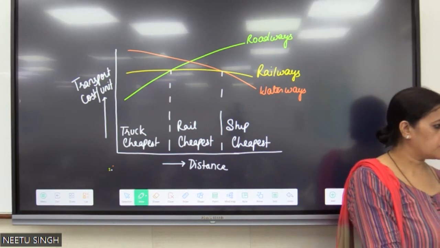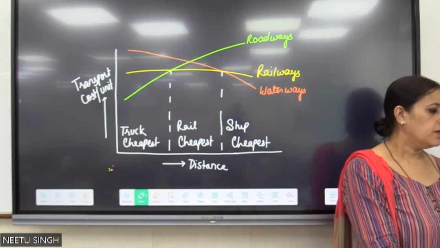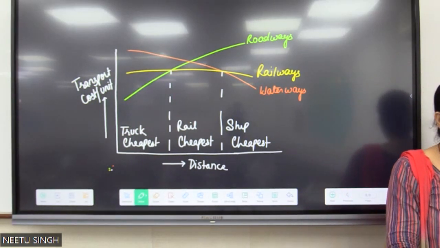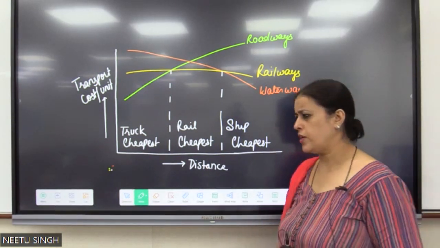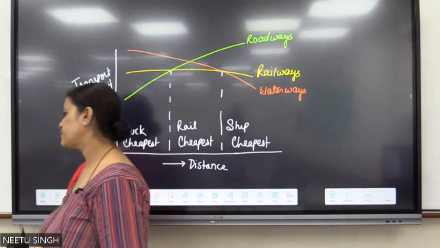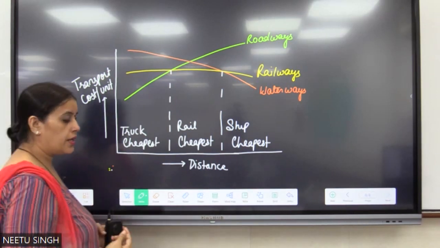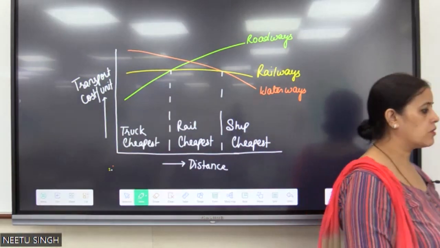Quickly copy down this particular line diagram. Draw it completely freehand, based on relativity. On the horizontal axis, distance is plotted; on the vertical axis, transportation cost per unit. Of course, we are taking transportation cost in combination with fixed cost, terminal cost.